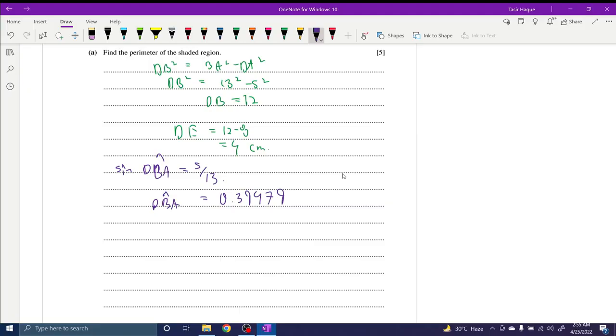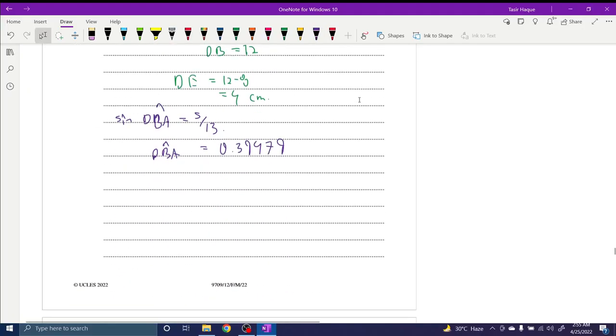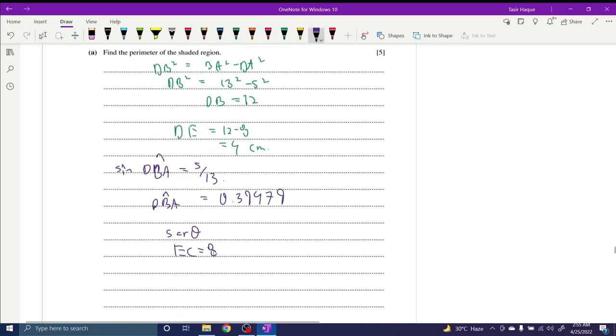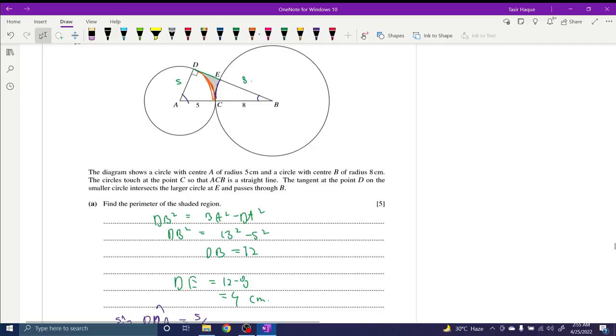Okay. So the arc EC, we know that it's equal to r theta. So EC is equal to r, which is 8, into 0.39479. We're getting a value of 3.15832. Okay, what about the last section, the orange one?